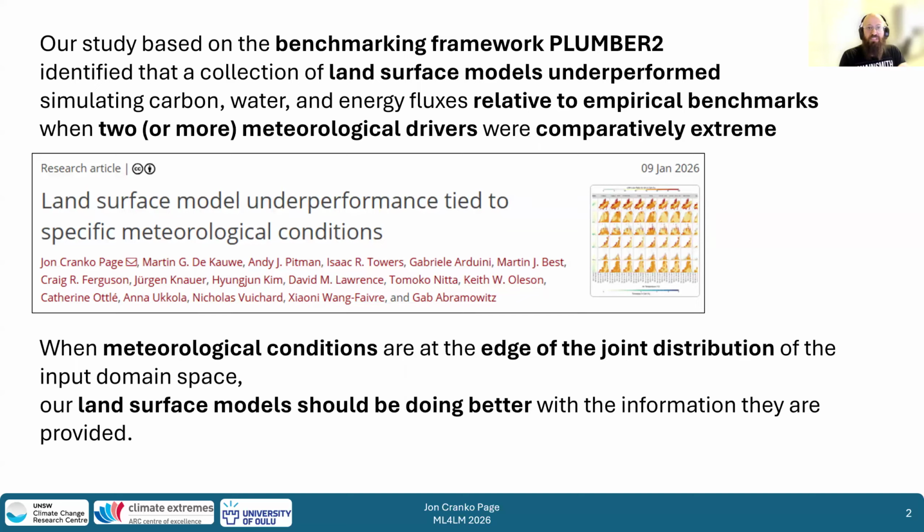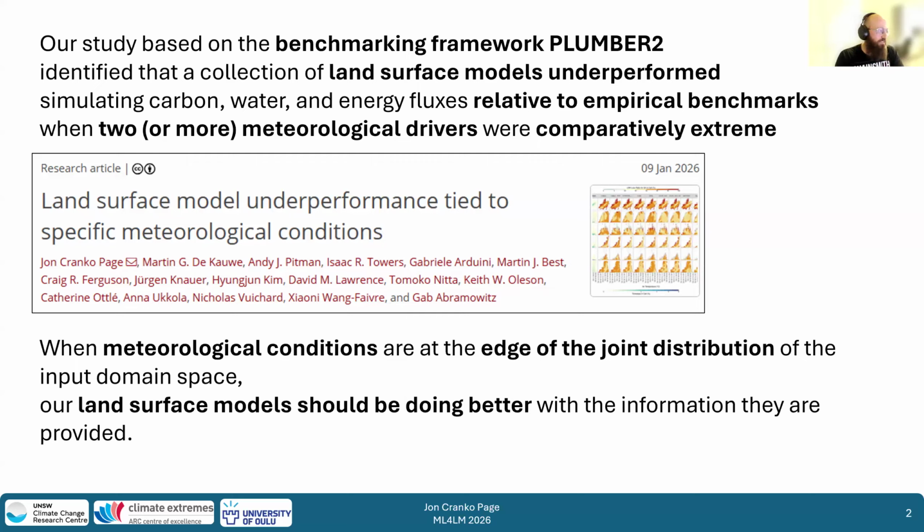And one of these areas in particular was where two or more meteorological inputs and drivers were comparatively extreme. So that's where, relative to each other, they were in the edge of their distribution. And in these places, our land surface models should be able to perform better than they currently are, just with the information they're already provided.